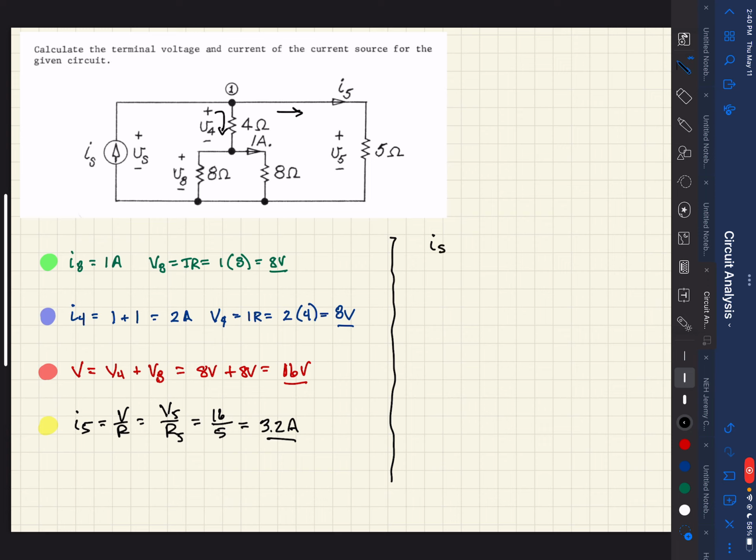So IS should equal 2 amps plus 3.2 amps, which gives me 5.2 amps. So that's the value of the current source. And the voltage across the source we already determined, because we know the voltage across here, it's all the same, it's equal to 16 volts. So there are our two values, working backwards to get that.